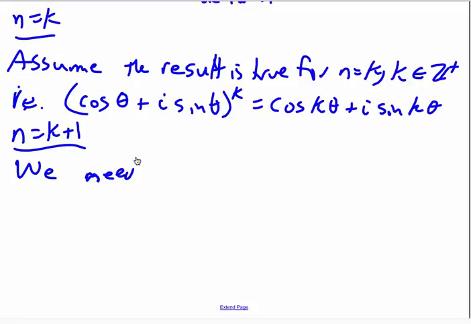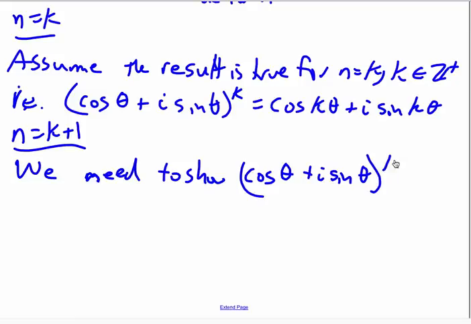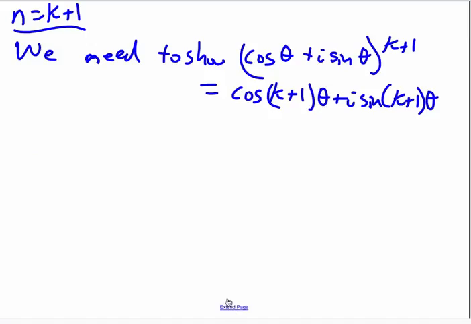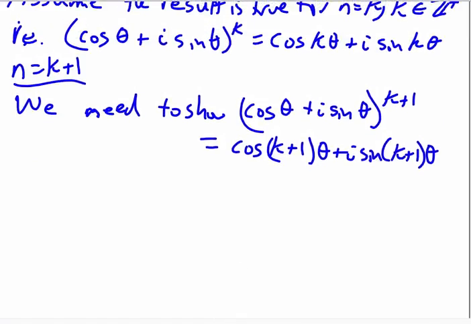We need to show (cos θ + i sin θ) to the power of k plus 1 equals cos (k+1)θ + i sin (k+1)θ. So that's our goal.